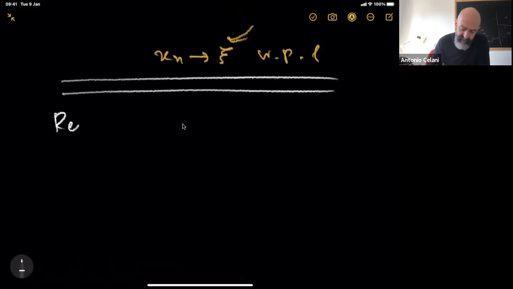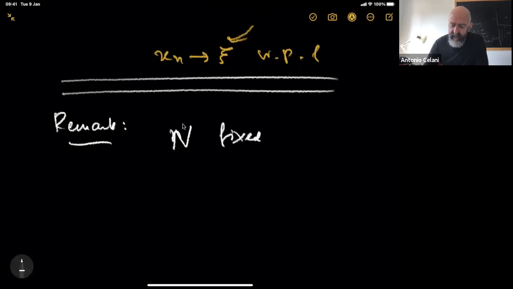So first remark, let's consider a slightly different situation in which the number of steps, capital N, is fixed a priori. So it's a slightly different version of the algorithm in which you don't go on forever until you are close enough to your zero, but you say, I have a budget of iterations to do, and I want to keep that fixed, capital N.